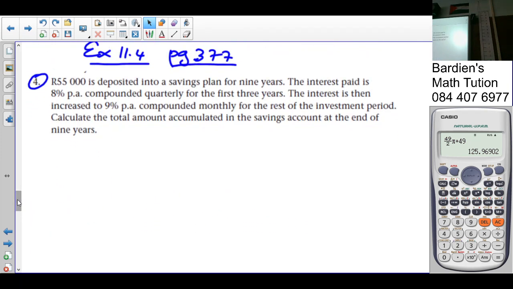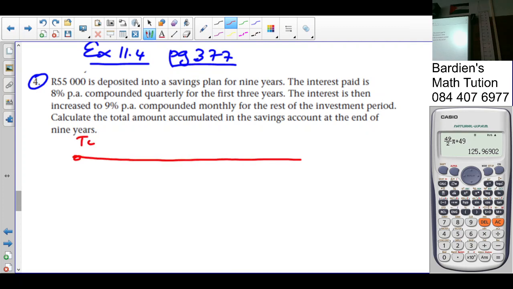11.4 on page 377. We are told that 55,000 rand is deposited into a savings account for 9 years. Okay, so let's draw a timeline. P0. This is fairly easy, so you don't actually need a timeline. For 9 years, T9. The interest paid is 8% per annum compounded quarterly for the first 3 years.